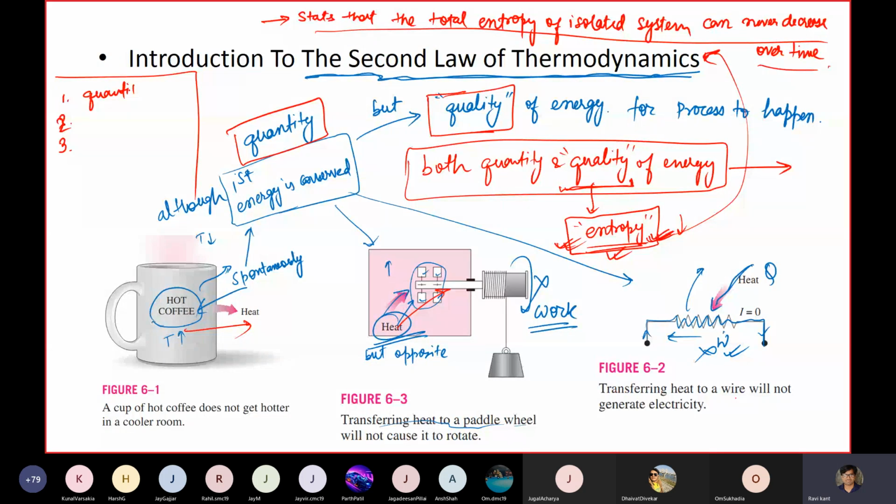Second, the direction of process to happen. And third, it determines the theoretical limit of any process.